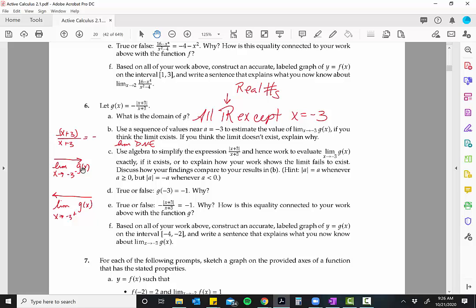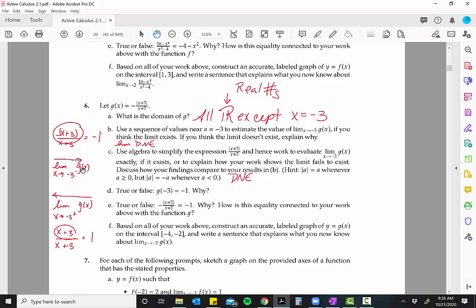That simplifies to negative 1. If I go x plus 3 positive over x plus 3, that simplifies to a positive 1. So when I'm coming from the right it's positive 1, and when I'm coming from the left, it's negative 1. These limits do not agree. Therefore, the limit does not exist.